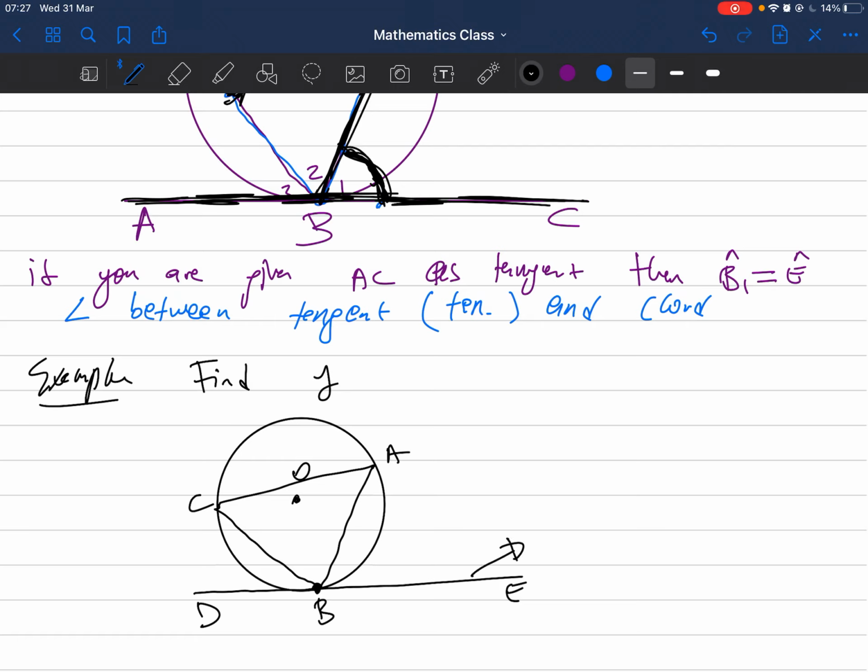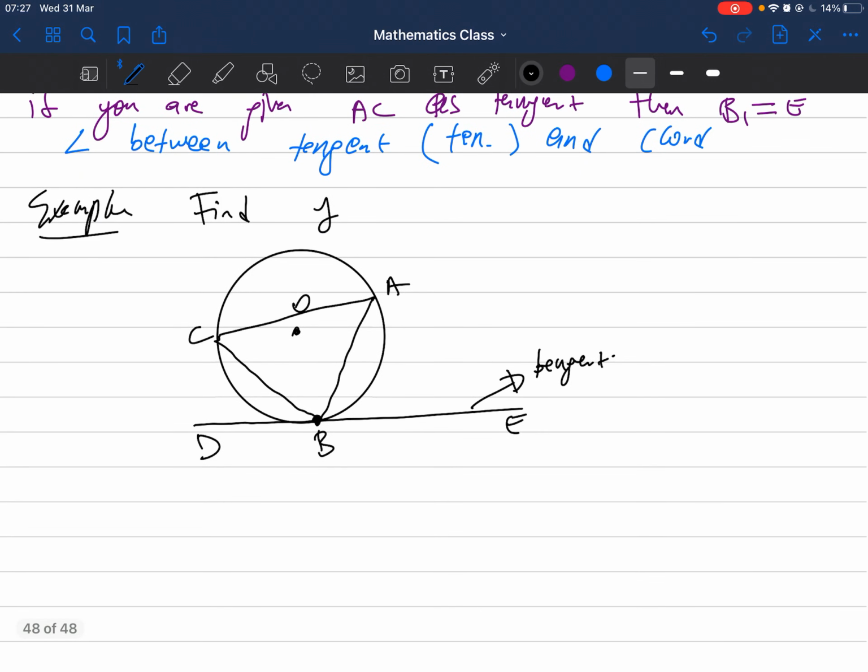You know that this is your tangent, right? And then we have this chord, and we have the triangle that touches the point B, right? So given DE is a tangent, right?